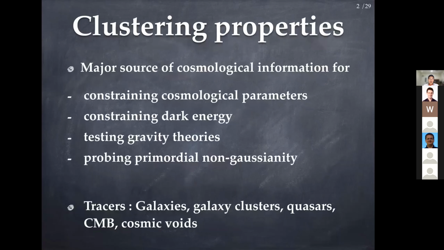So why do we care about clustering properties? The clustering properties have been the major source for cosmological studies because the underlying physics governing the evolution of the universe highly impacts the clustering properties.